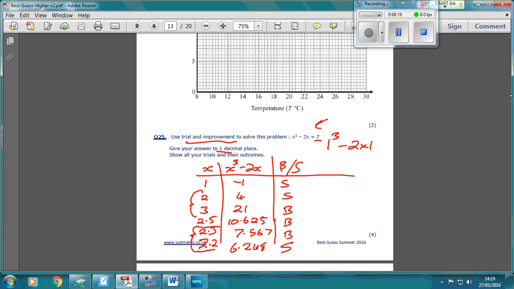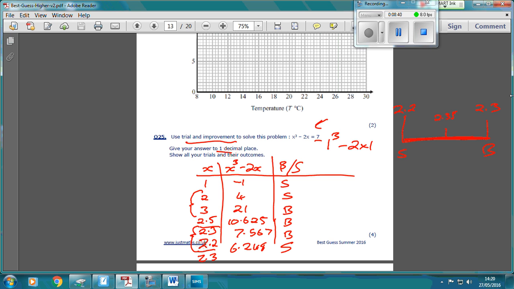And the reason that we do that is if we do it on a diagram here, we know 2.2 is too small and 2.3 is too big. But we know our answer lies somewhere between it. So our answer lies somewhere in this field here. So what we're going to do is we're going to find the midpoint, so 2.35, and we're going to test that one.